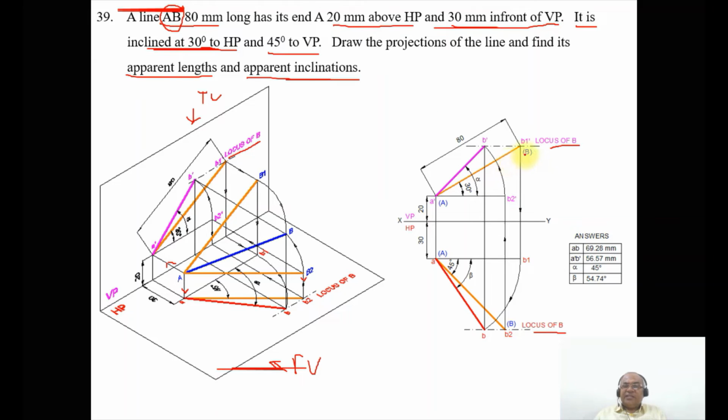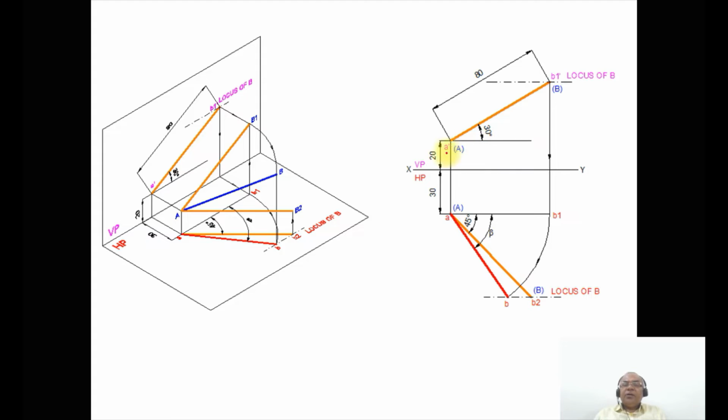Suppose you are considering this as the front view line. This is the true length of this line, which is 80 mm. As we know the corresponding front view, you come up to this line, A dash B1 dash, which is the locus of B in the front view.